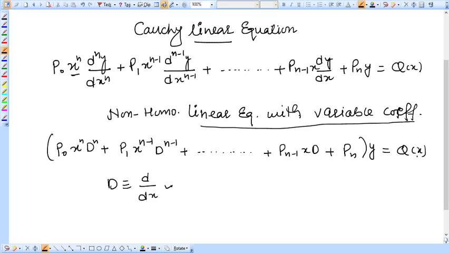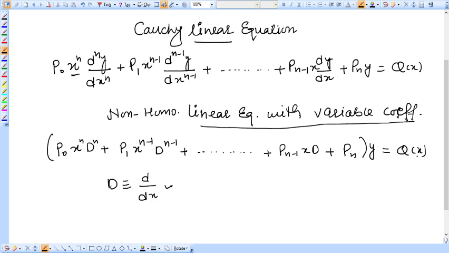If we want to solve these sorts of equations, we used to change them into non-homogeneous linear equations with constant coefficients. How will we solve it? We are going to change this variable coefficient differential equation into an equation with constant coefficients.